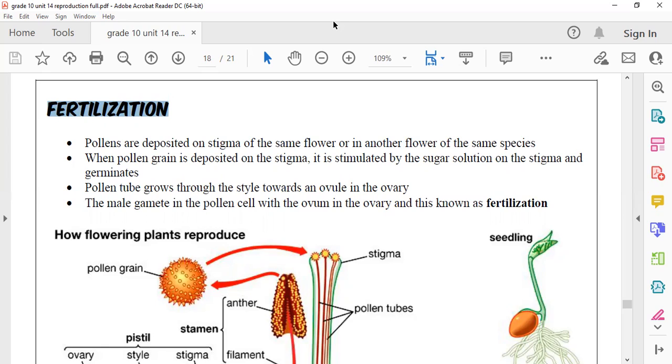Okay, so here in the fertilization process, the most important portion I am going to explain here.